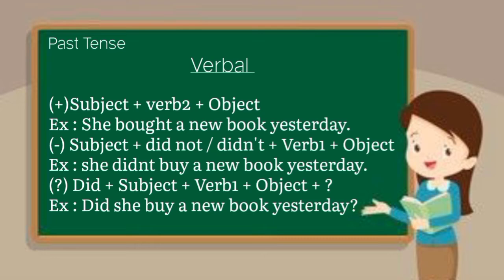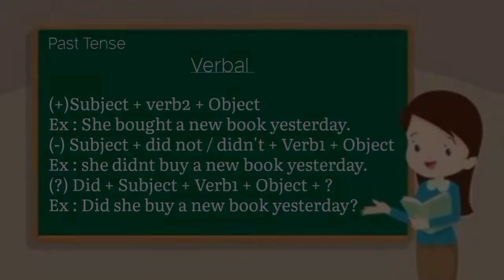But in the negative sentence, the pattern is subject, did plus not or didn't, verb 1 plus object. Example, she didn't buy a new book yesterday. And in the interrogative sentence, the pattern is did, subject, verb 1 plus object. Example, did she buy a new book yesterday?